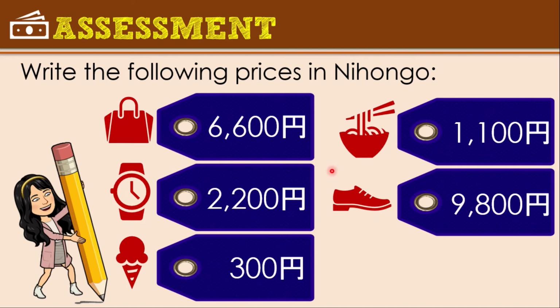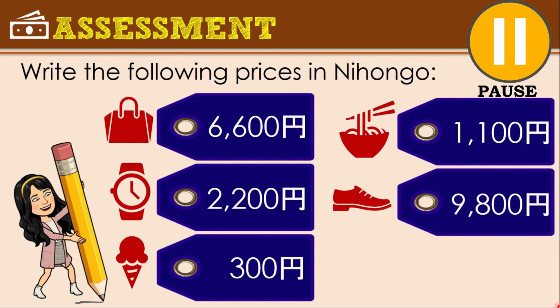You are going to write the prices in Nihongo. After writing, practice reading the prices. Minasan, don't forget to answer these in your Nihongo notes and submit it in our Messenger or GC. いいですか?